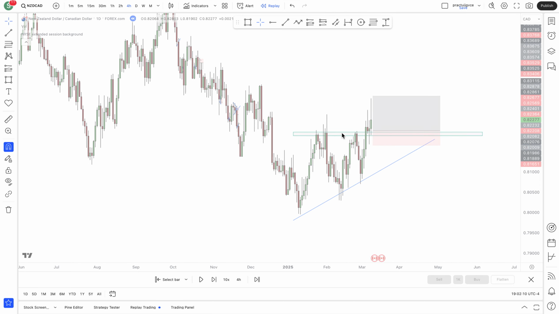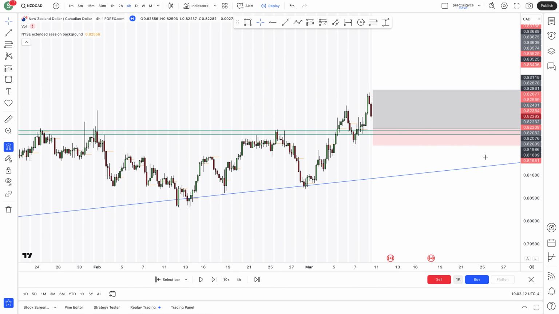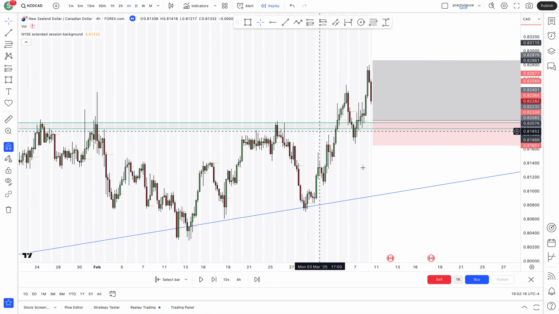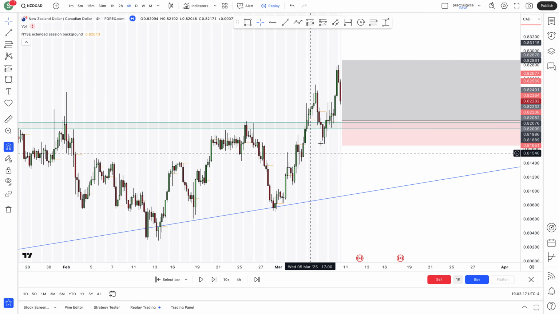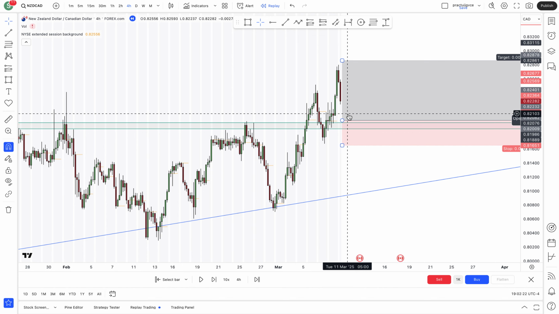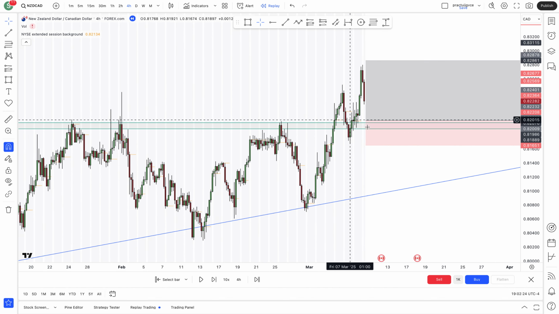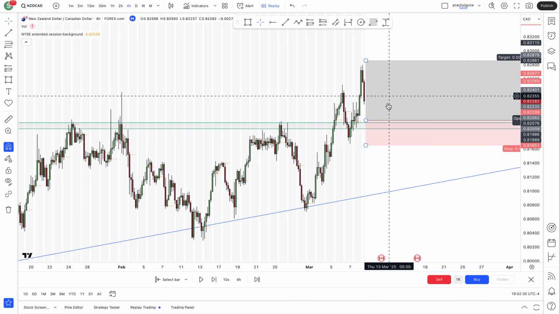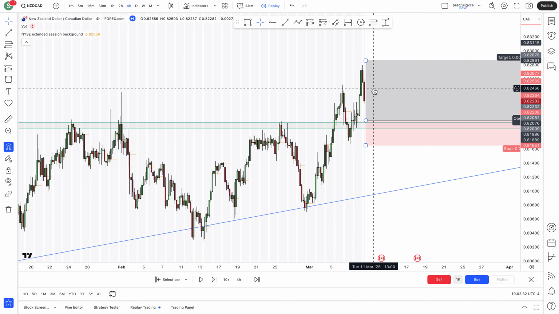We get above it, you place your limit order. This is a very good invalidation because if price is going to hold at this support and it gets all the way down to this low, then it didn't hold support, so the trade's invalidated. It could come down a little bit, then bounce.